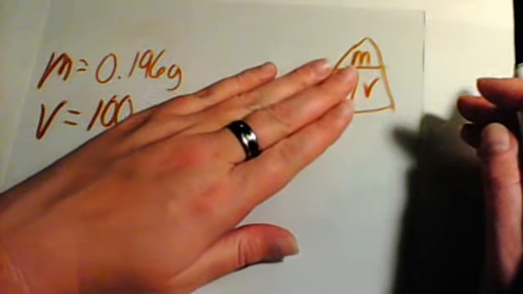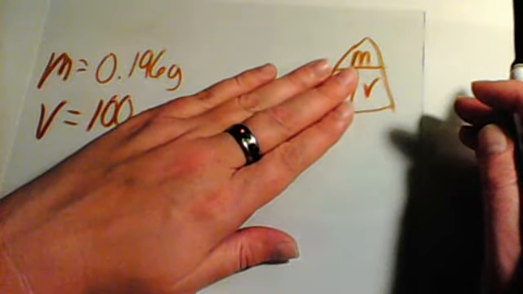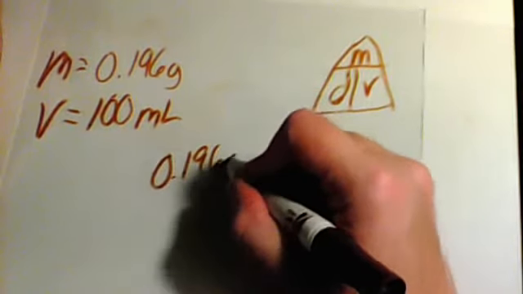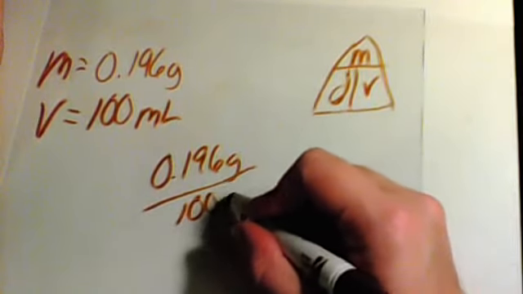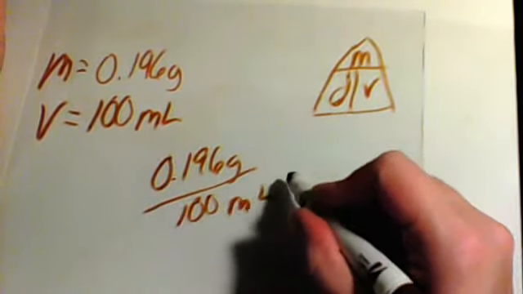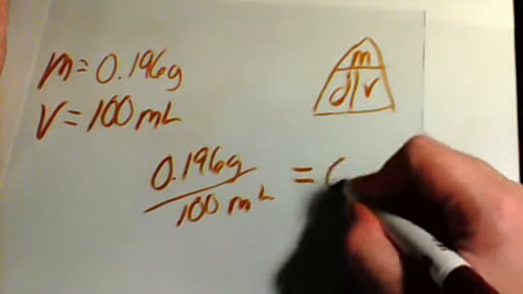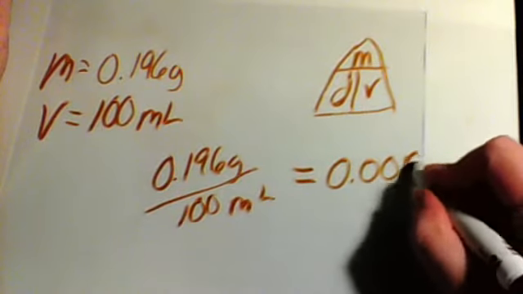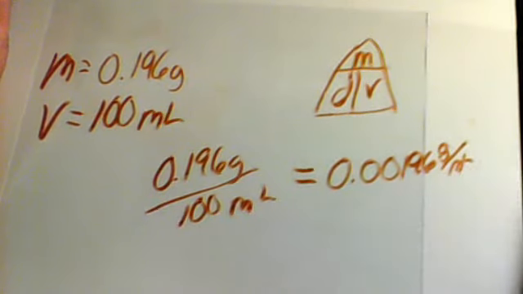I'm going to cover up what I do not have, and the triangle shows me how to work the problem. It is mass divided by volume. So 0.196 grams divided by 100 milliliters is equal to 0.00196 grams per milliliter.